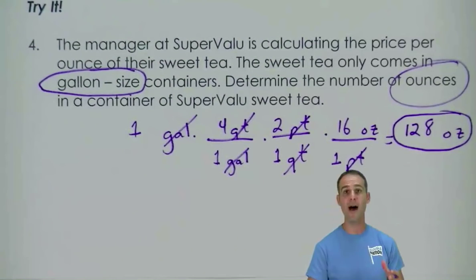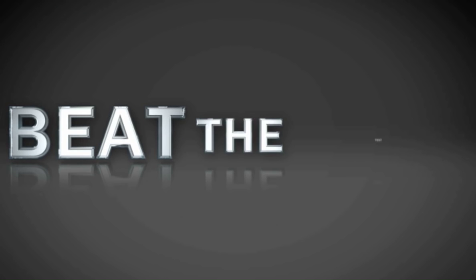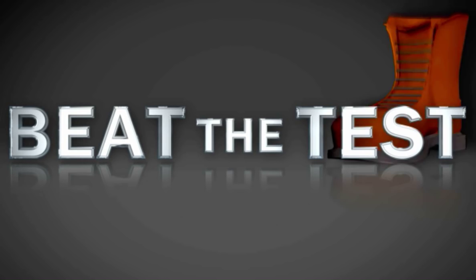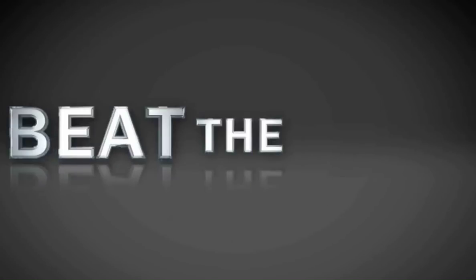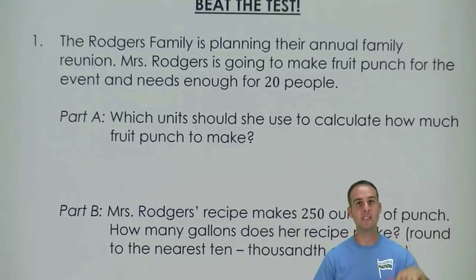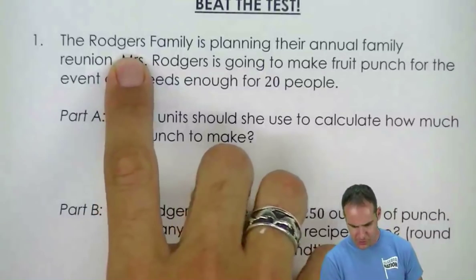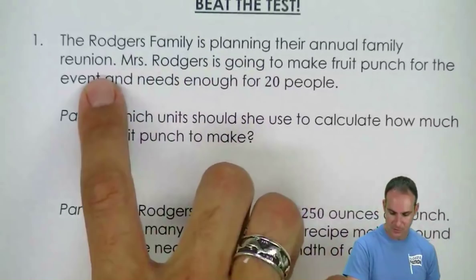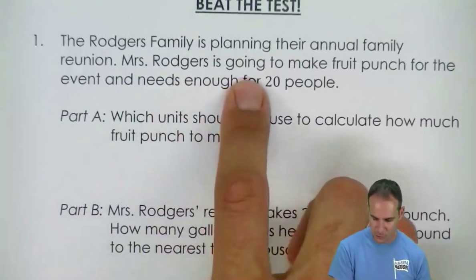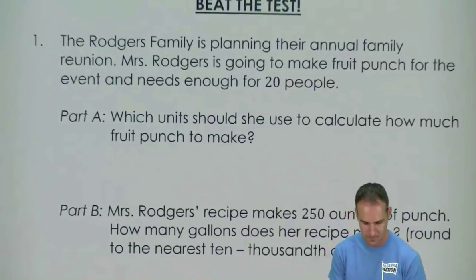And with that in mind, let's go ahead and do the Beat the Test. We have 1 page, 1 question, parts A, B, C. The Rogers family is planning their annual family reunion. Mrs. Rogers is going to make fruit punch for the event and needs enough for 20 people.